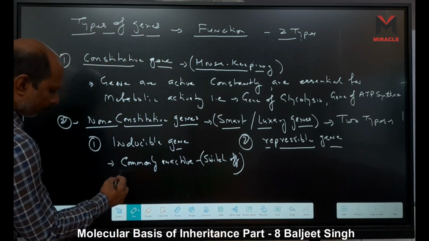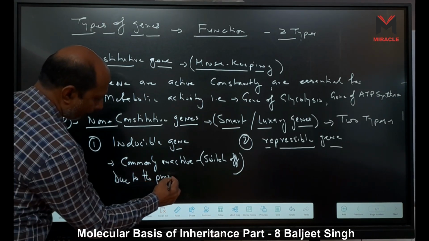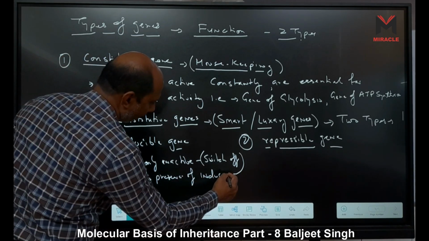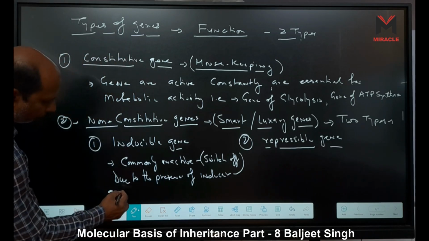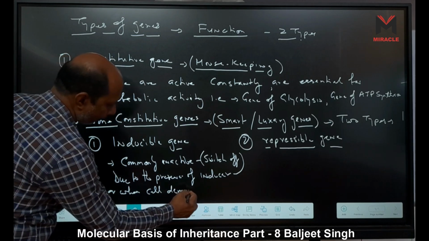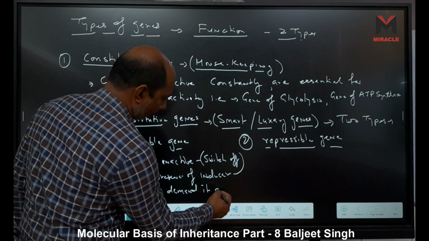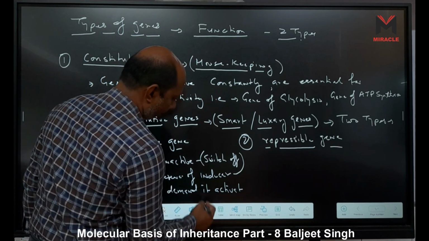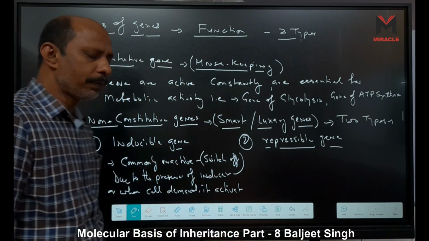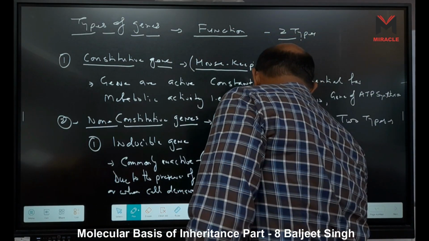But due to the presence of inducer, or when the cell demands, then it activates. So this one is called inducible, meaning at that time it comes into the on process.